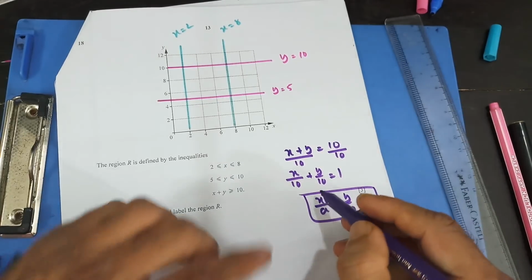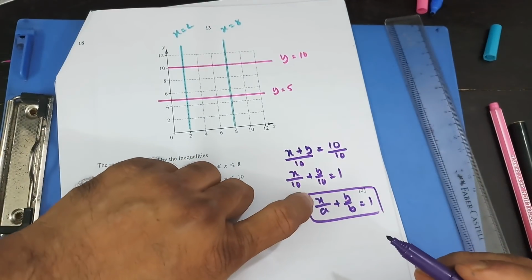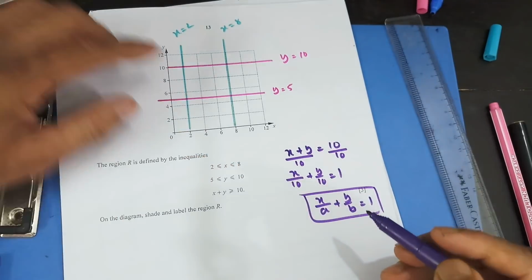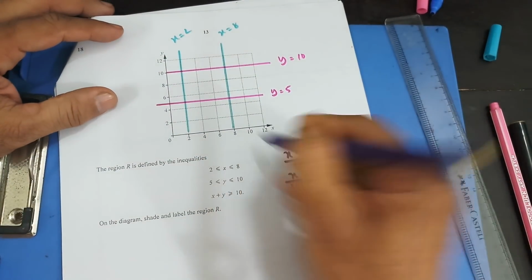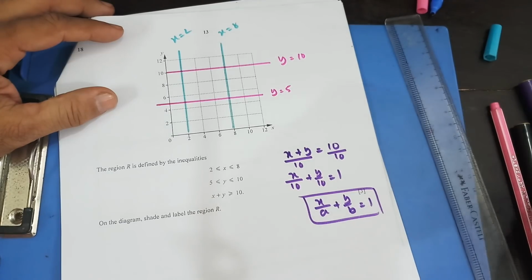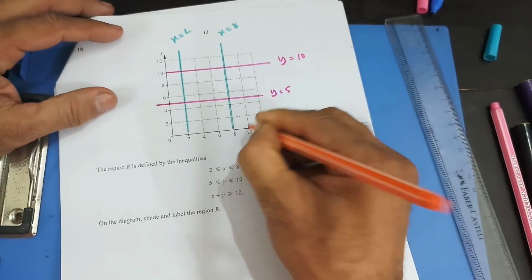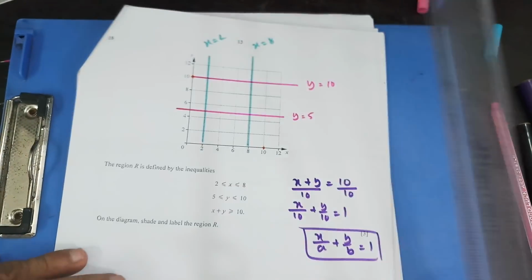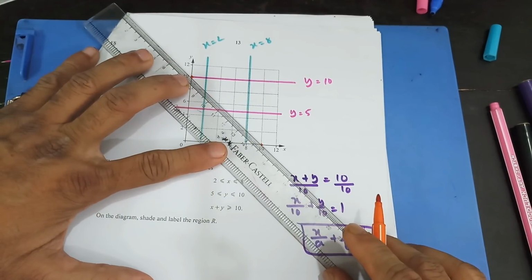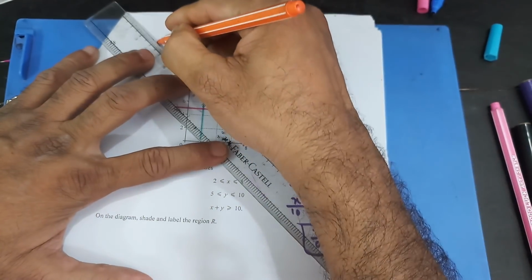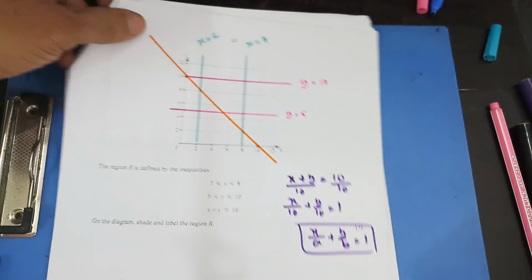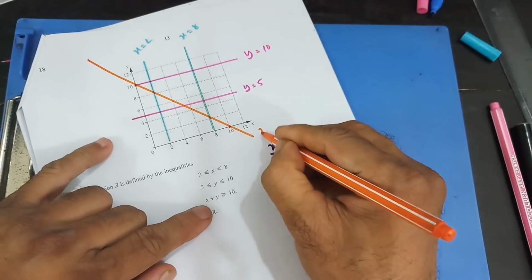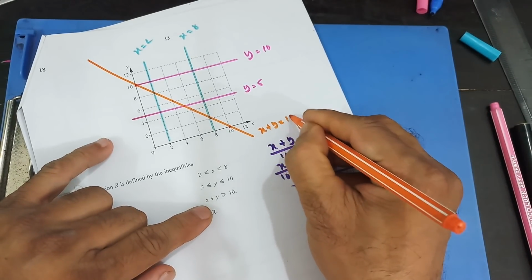That means the graph is going to intersect x at this point and y at this point. So it's 10 and 10. When I join these two points, that's my line, x plus y equal to 10.